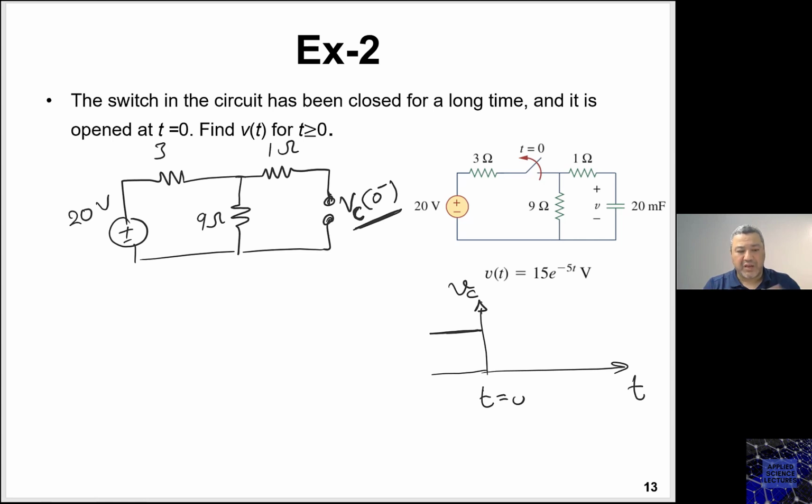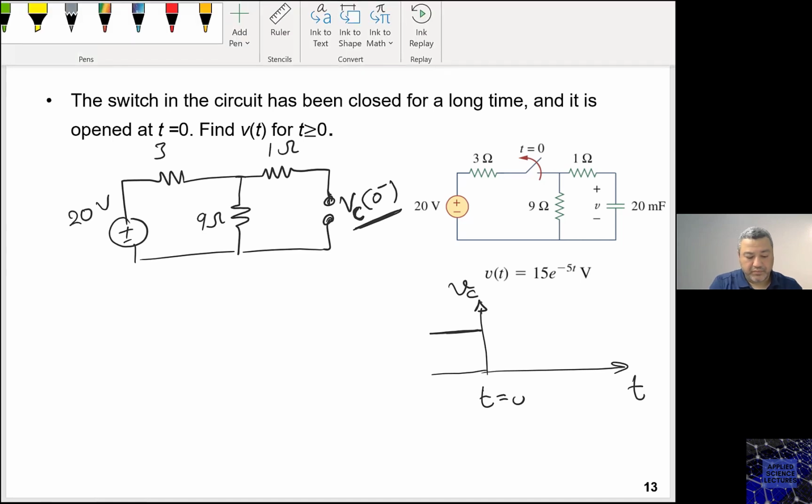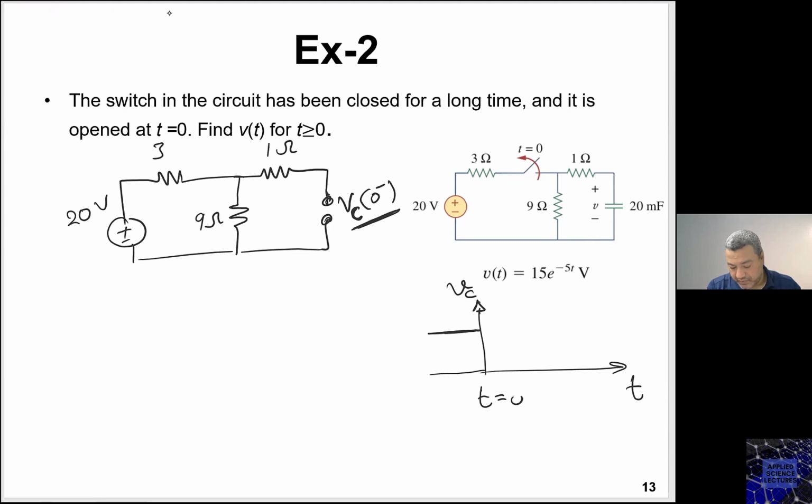It's been in this state for a long time, right? And then this is the moment of the 0 minus.